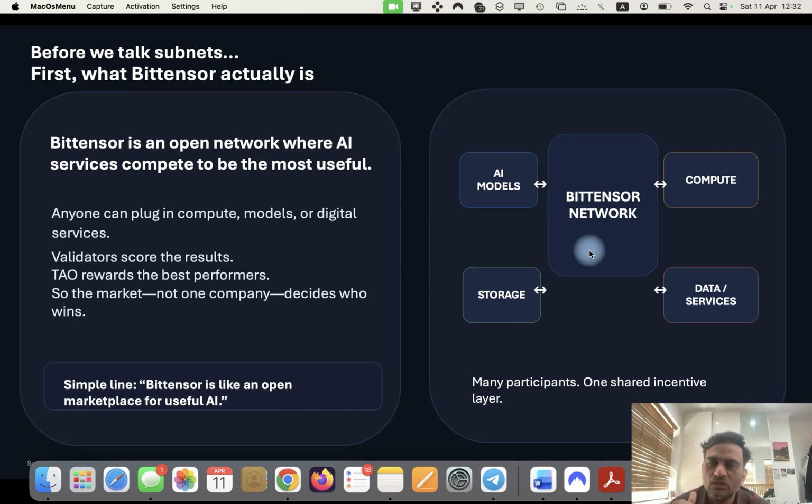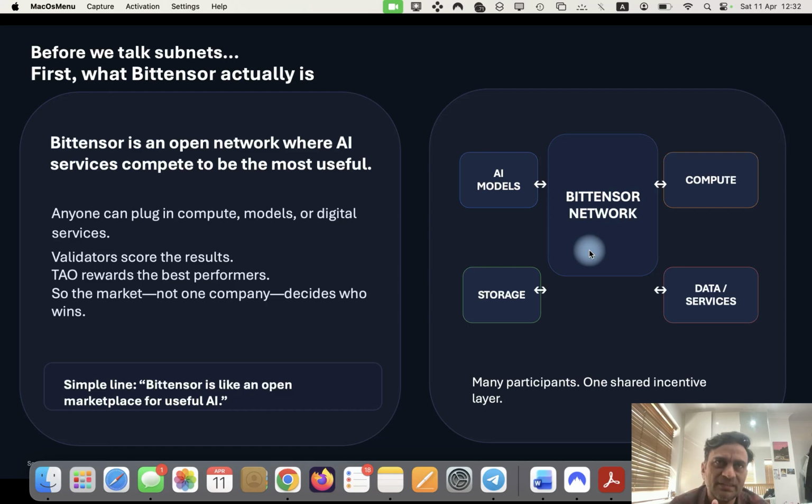Now validators score the results. We will also try to understand validators, miners, etc., again from a simple analogy perspective, where it fits in the Netflix analogy. The best advantage of doing it in a decentralized way is that not one company is deciding who the winner is.